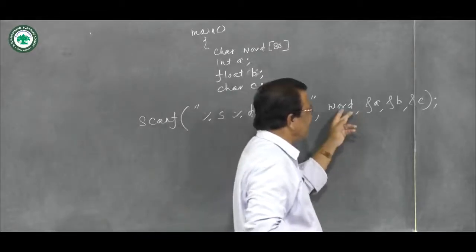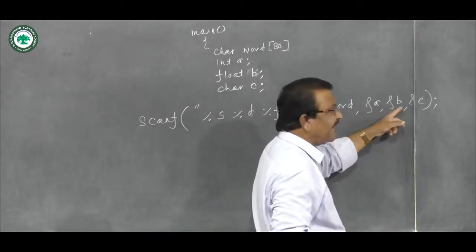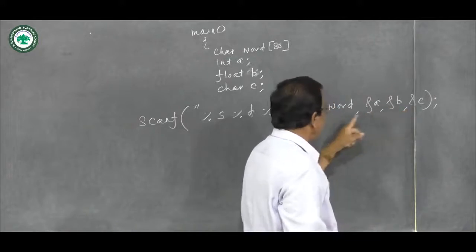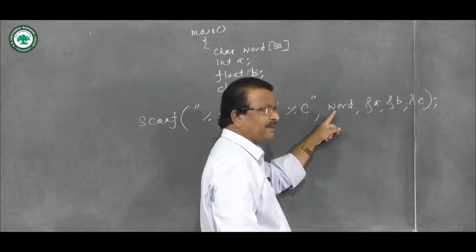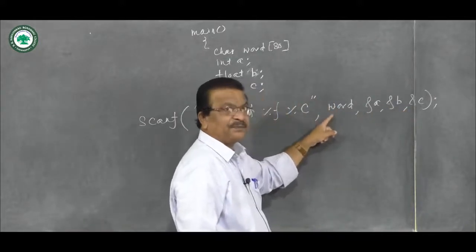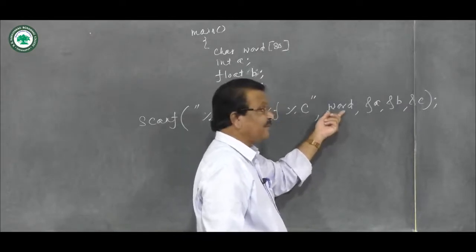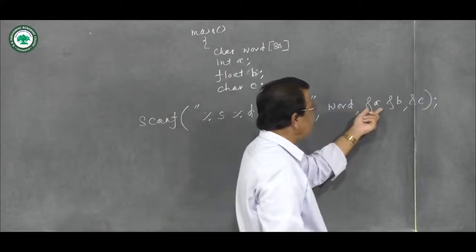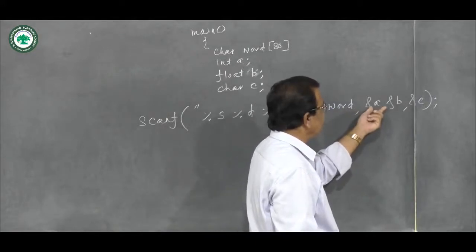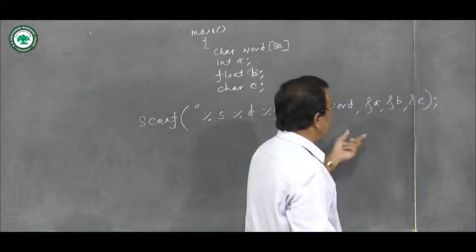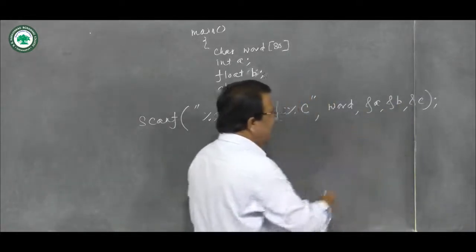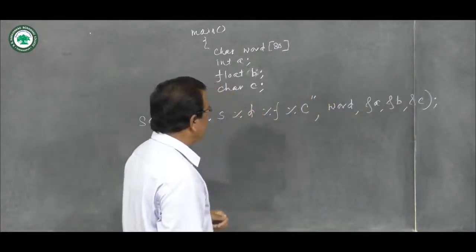These arguments are preceded by an ampersand sign except an array name, because the array name itself is interpreted as the address of the memory location. All other arguments are preceded by an ampersand sign and separated by commas.